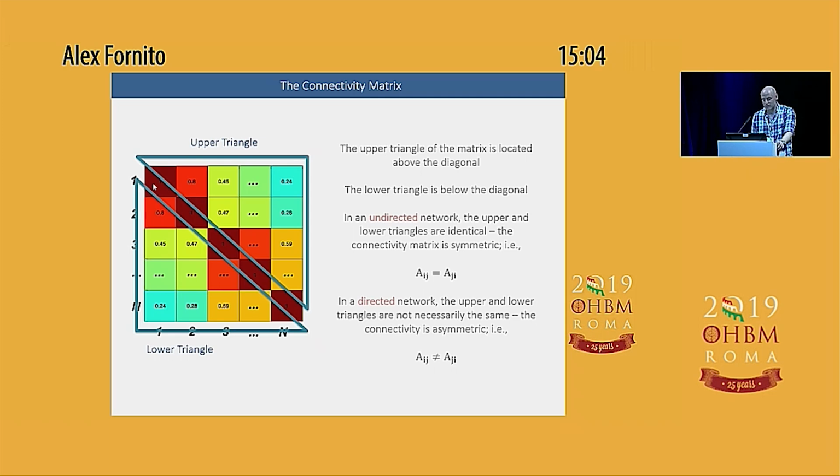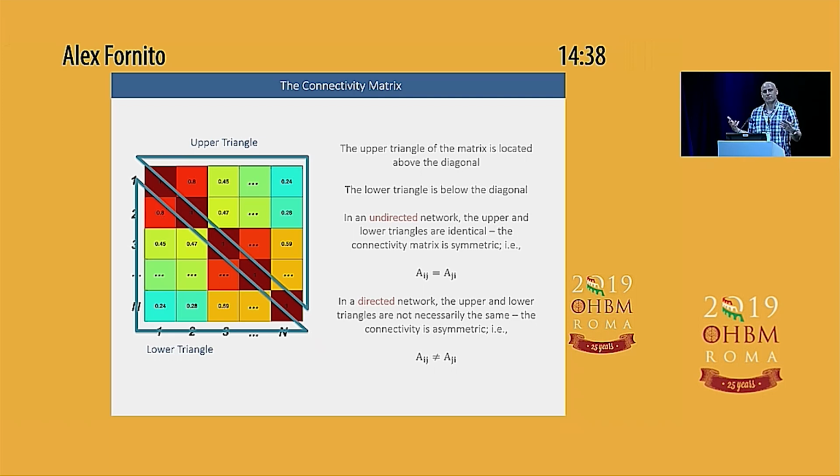So the connection from row 1 to 2, 0.8, is the same as going from row 2 to 1, 0.8. So more generally, we say that element A_ij is equal to element A_ji. So the element in row i, column j, is the same as the element in row j, column i.